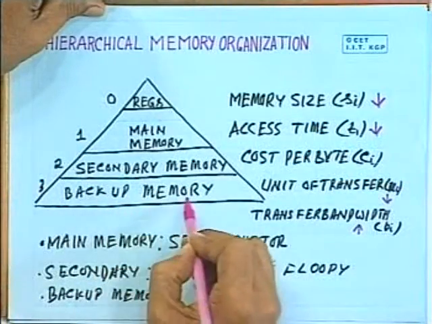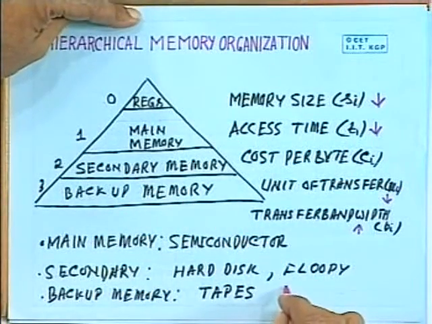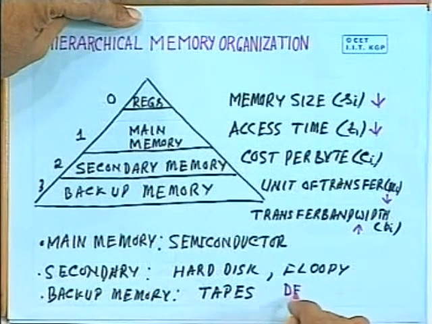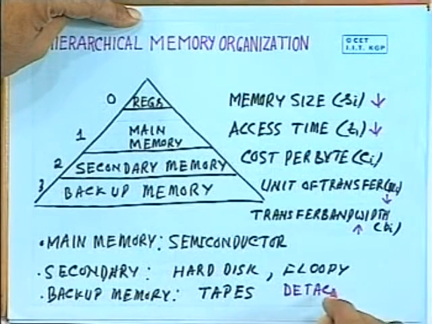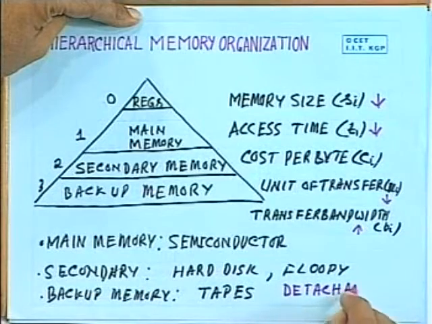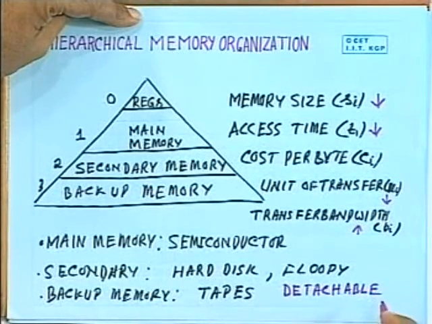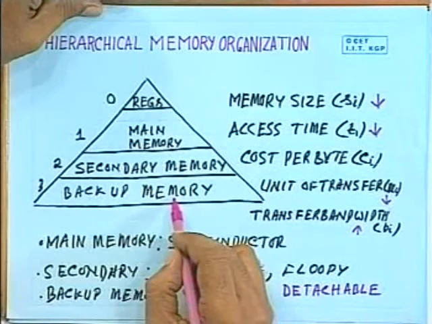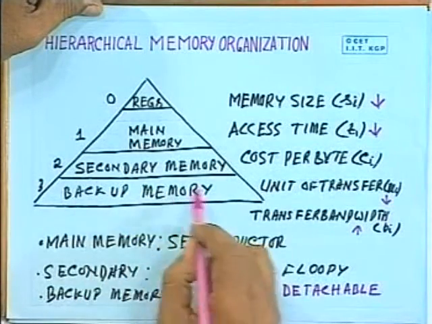So the central library can be considered as equivalent to backup memory. Size is unlimited, but not readily accessible. And one important property is that these are detachable from the system. That's why tapes, CD-ROMs can be used as the backup memory.